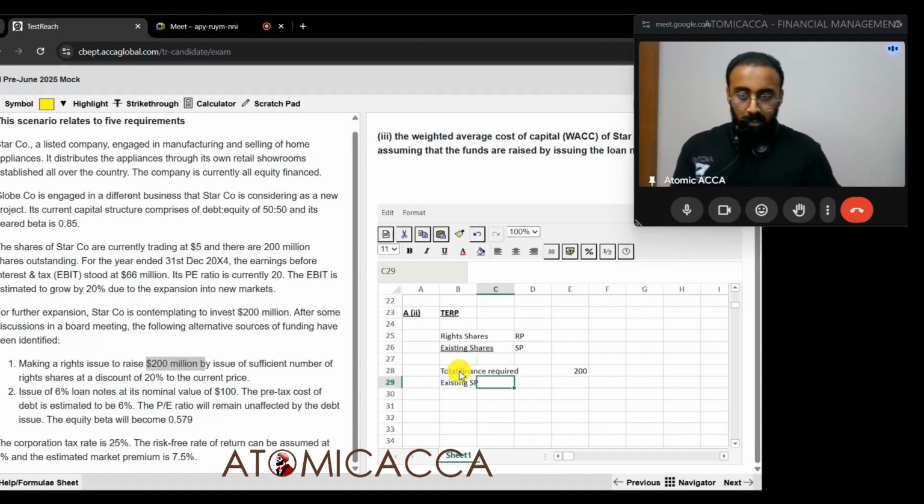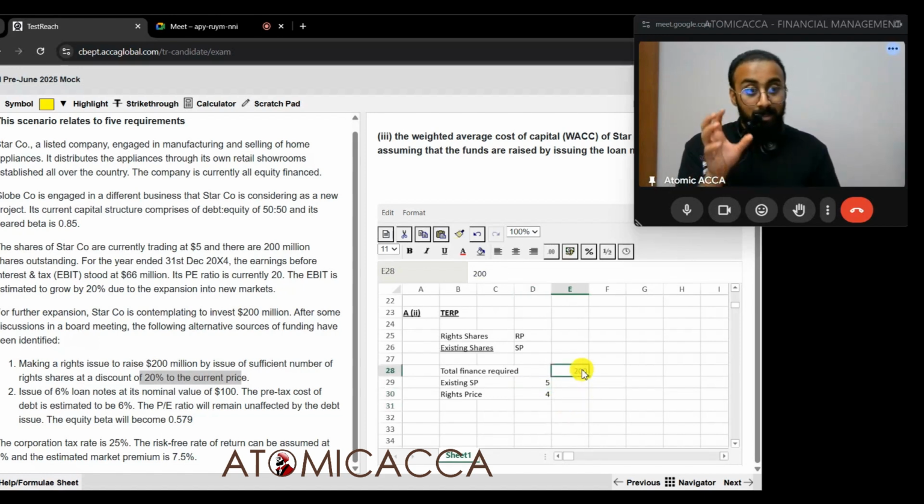Existing share price is equal to $5. At what price are we giving the rights? The rights price is given at 20% below the current price. That means 5 into 80%, which is $4. I need $200 million, and I'm giving shares at $4.